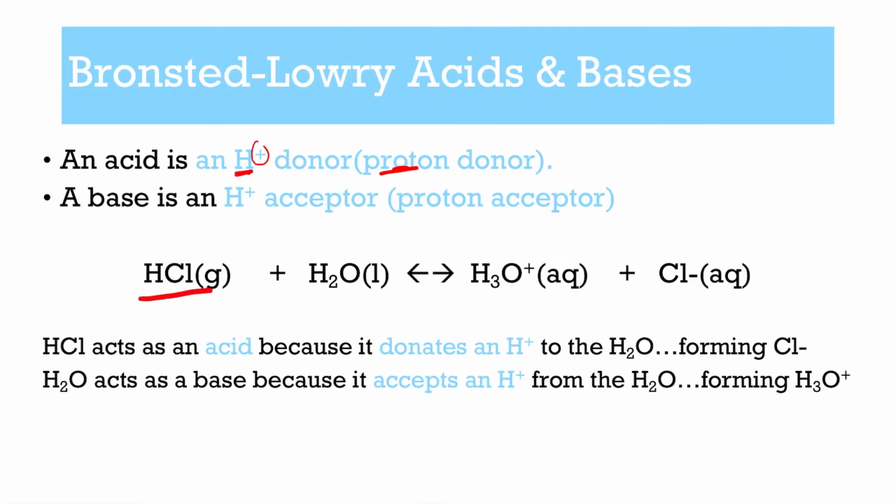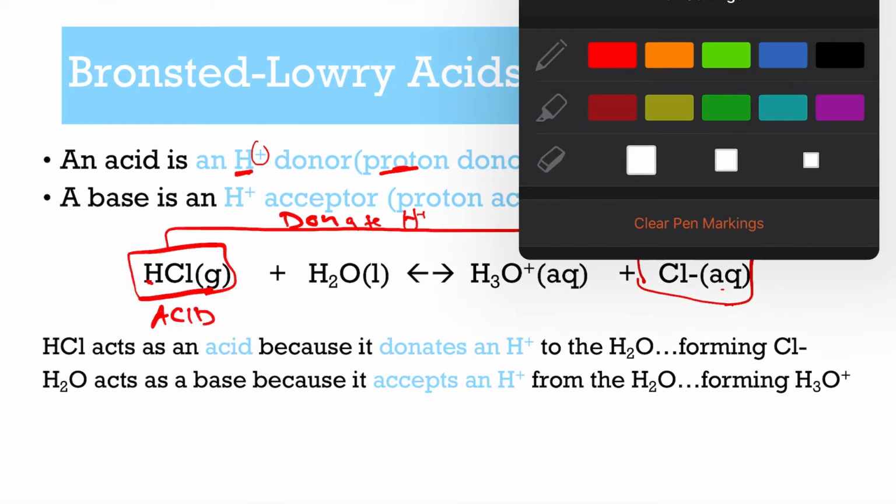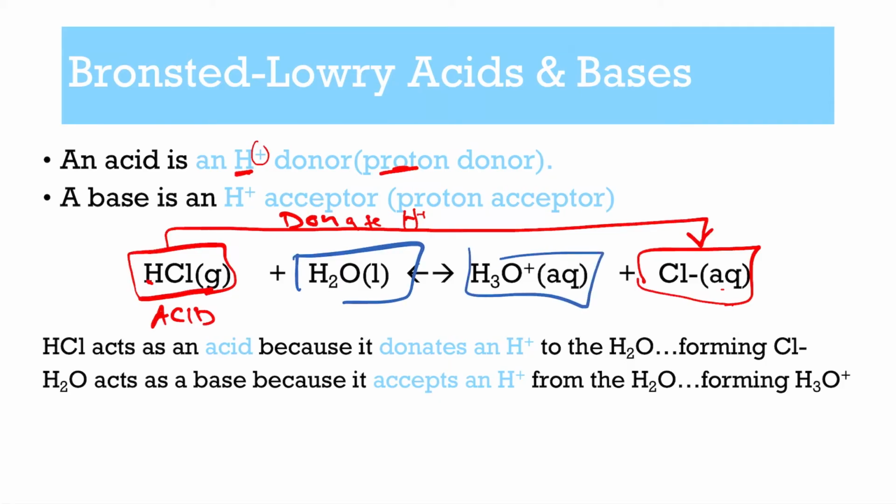So in this case, and we're going to spend more time talking about this in the next video, if we look at HCl, we know HCl is going to act as an acid because it's going to donate the H+ in order to become Cl-. And the only thing that's different between those two things is an H. Now in this case, water is going to act as a base because it's going to accept that H+ to become that.